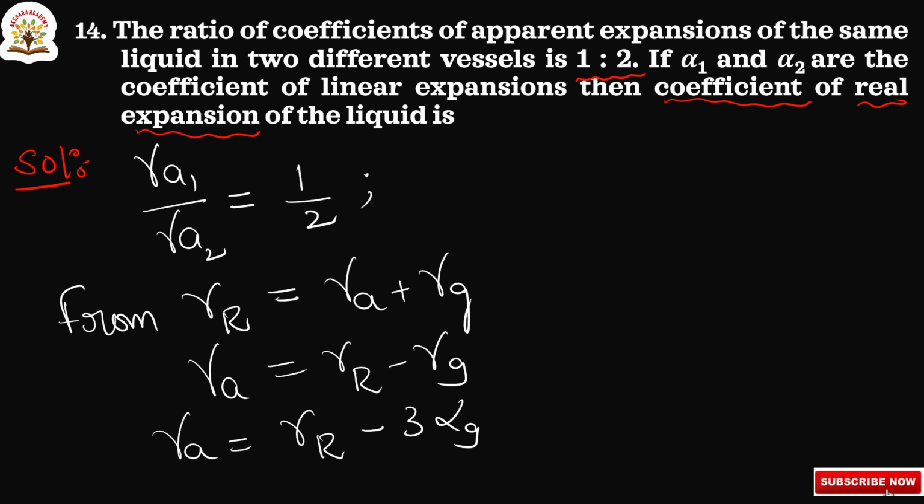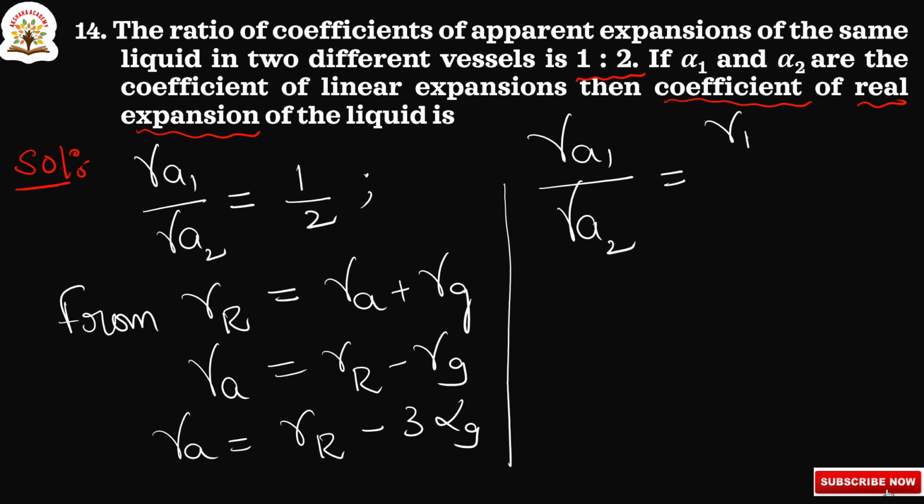So gamma A1 by gamma A2 is equals to gamma R minus 3 alpha 1 by gamma R minus 3 alpha 2.